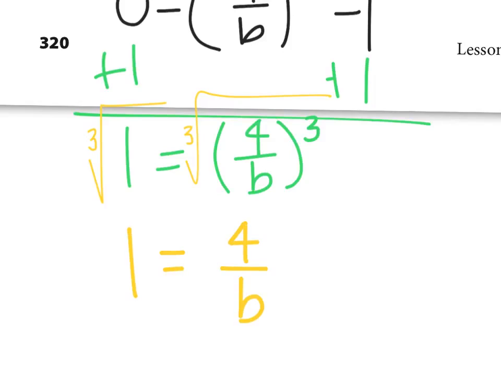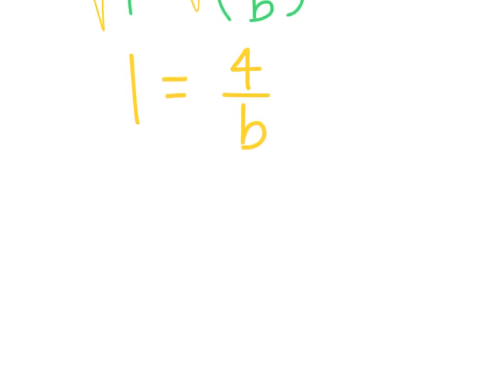So the question is now, how do I find b? How many of you love fractions? As much as you hate fractions, when you have problems like this, having two fractions is better than having one.